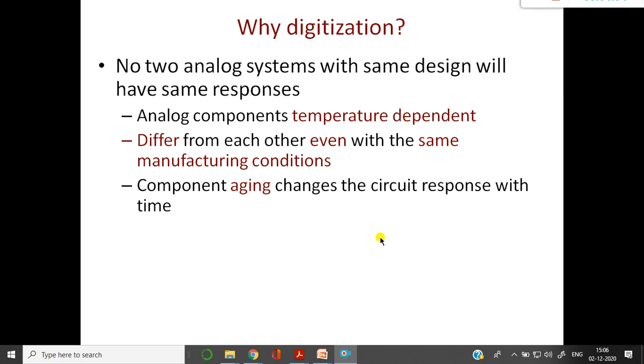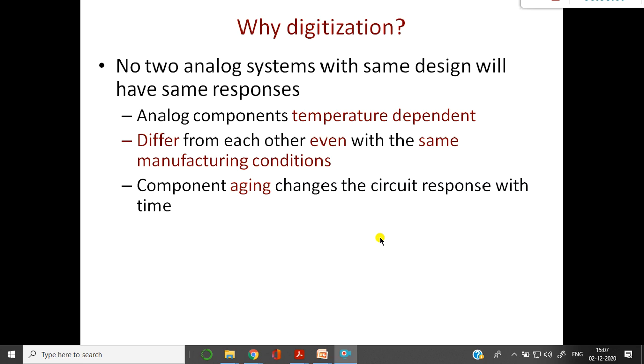A good example is your mobile phone. When my mobile phone is very new, the charger or the battery will be fantastic, giving me 48 hours of battery backup. But the same is not true as the days pass. Certainly the performance of the battery decreases, maybe from 48 hours to 24 hours or sometimes even half a day, right?